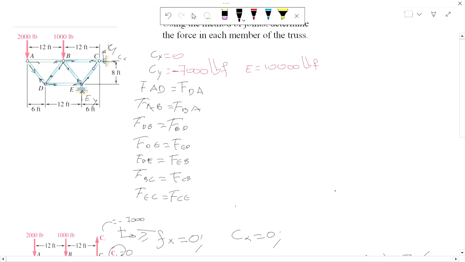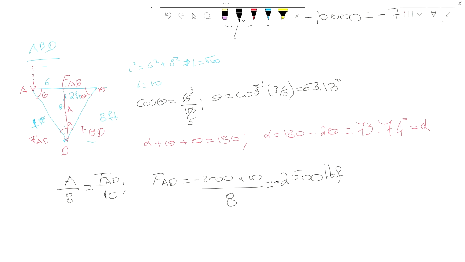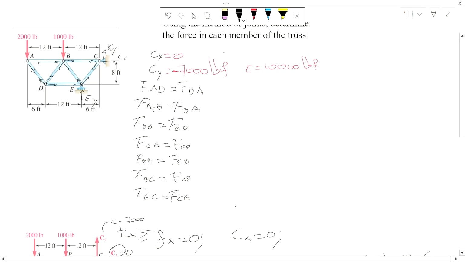Because we have to remember to carry the magnitude and direction of the force. Be careful with that point, because it will give you wrong answers. You'll get the right magnitude, but not the right direction. So F A to D is the same as F D to A, which is negative 2,500. That means we have a 2,500 pound force in compression. So this is shrinking, not stretching. Okay, so that's another one that we found.